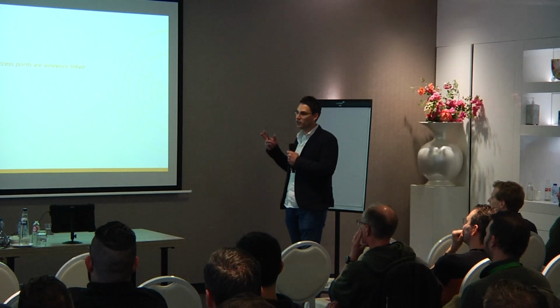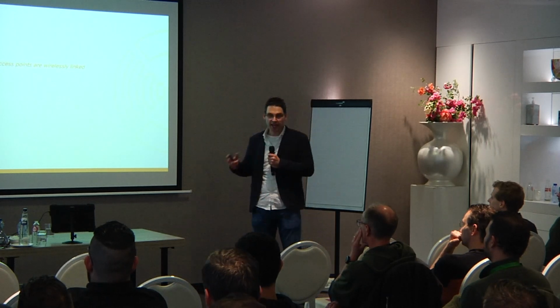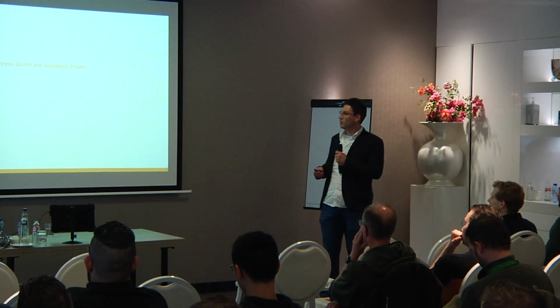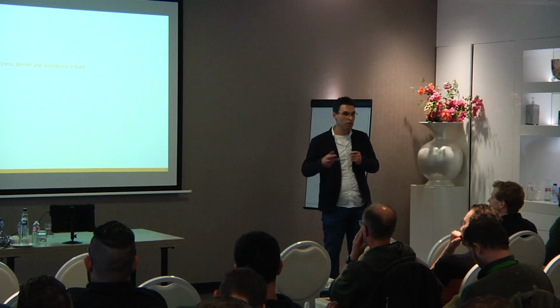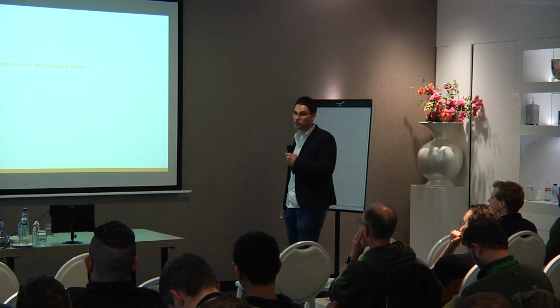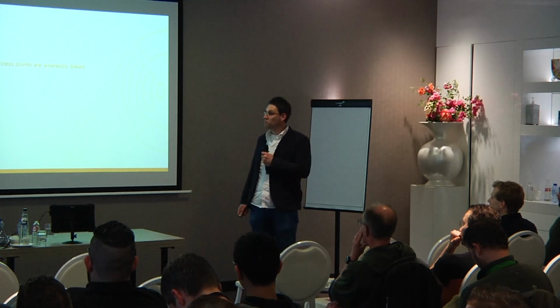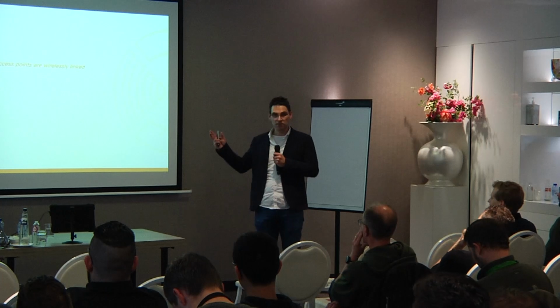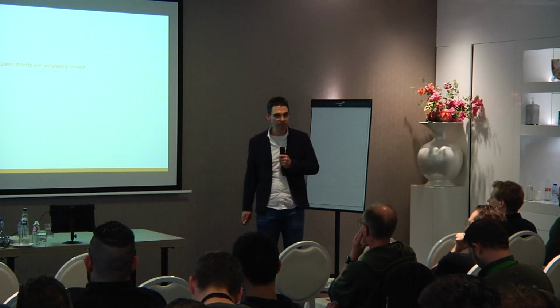A mesh network is a network in which access points are wirelessly connected or linked together to form their own backbone. There are some advantages to using mesh technology, and one of them is that it's cheap and easy to deploy.